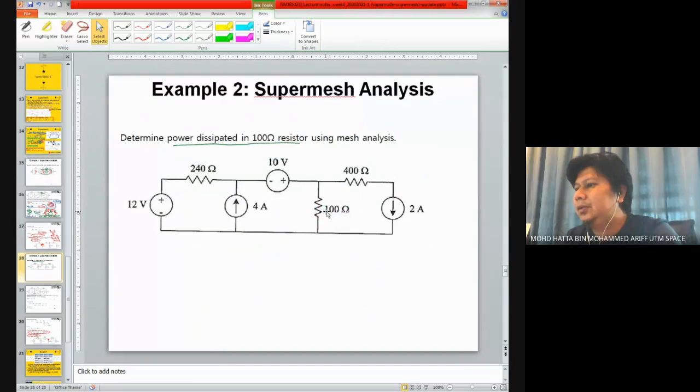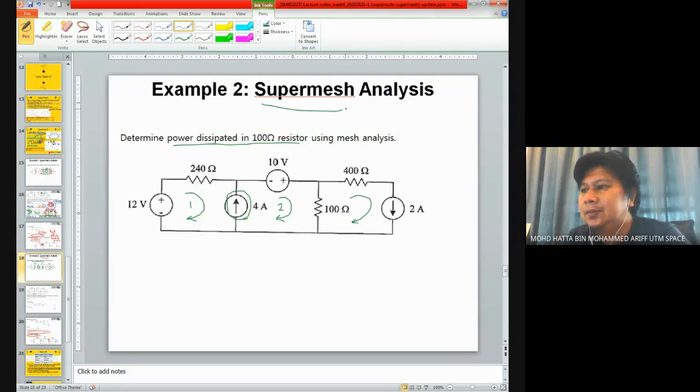However, if you look at the circuit, this is mesh number 1, mesh number 2, and mesh number 3. In between mesh number 1 and mesh number 2, we have this current source, which means that we need to apply Supermesh.